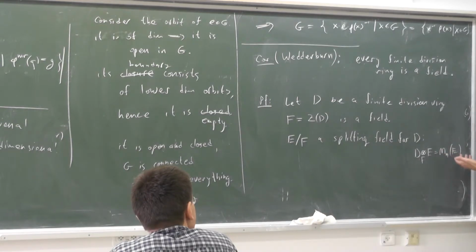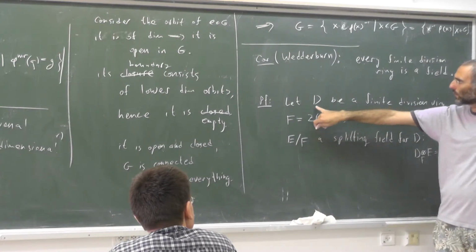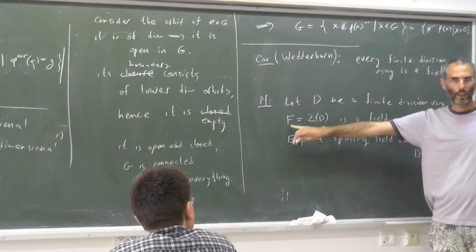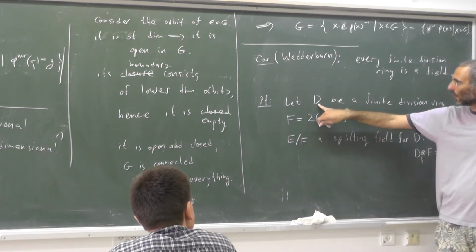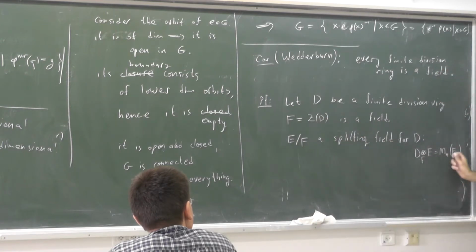This is a general thing of central simple algebras, or in fact, for division rings, D will be of some n squared dimension over F, and any maximal commutative subalgebra in it will obviously be a field, and it will be of dimension n, and it will serve as a splitting field. I'm assuming these are not hard facts in any case, and I want to be sketchy here.